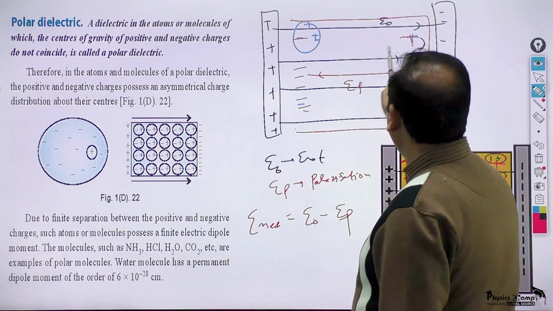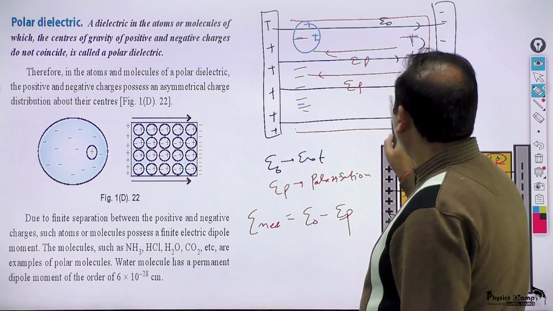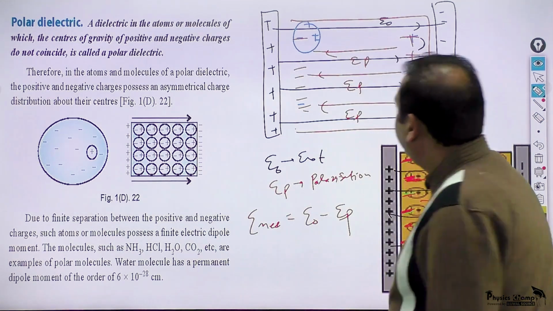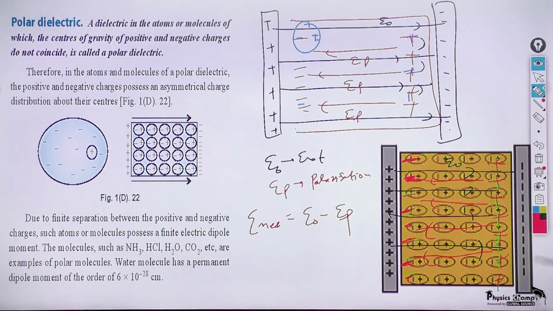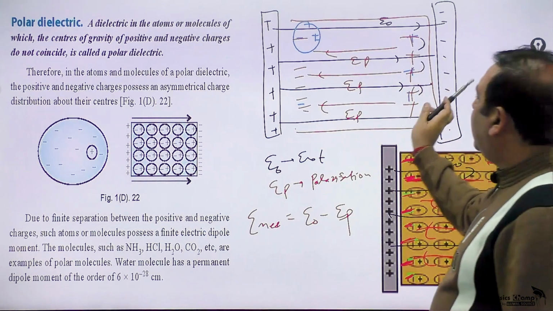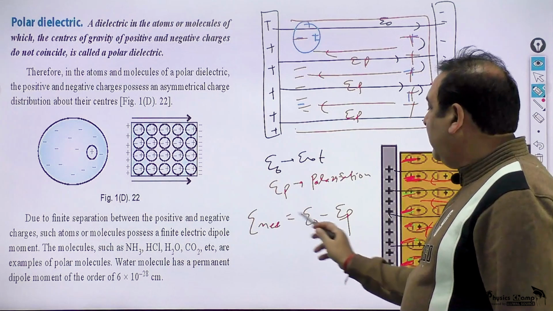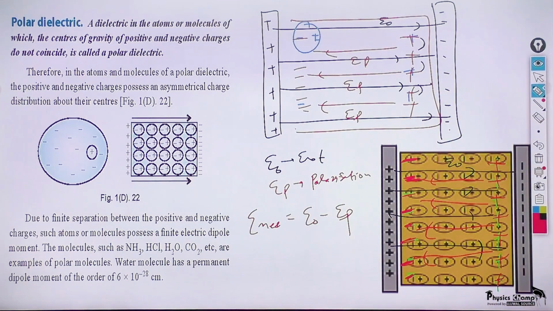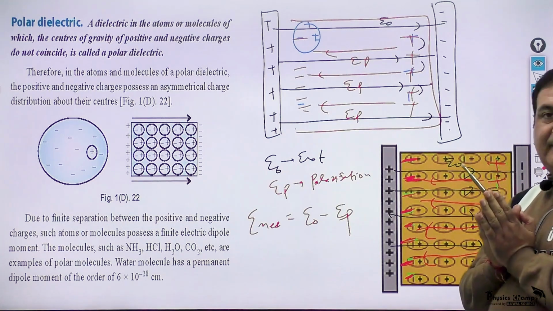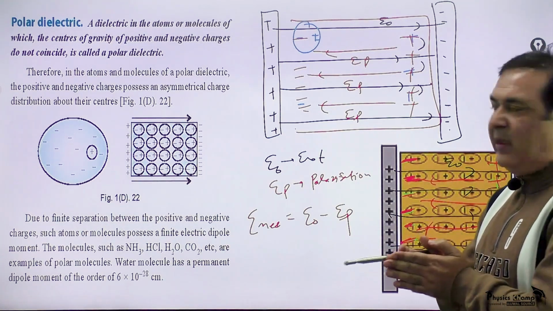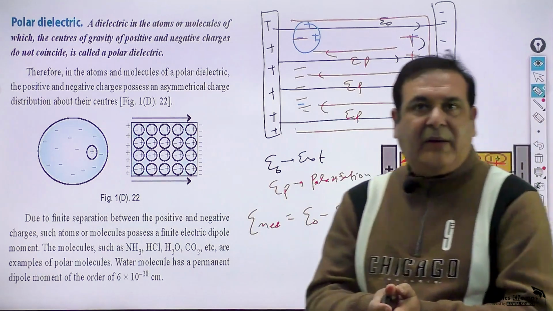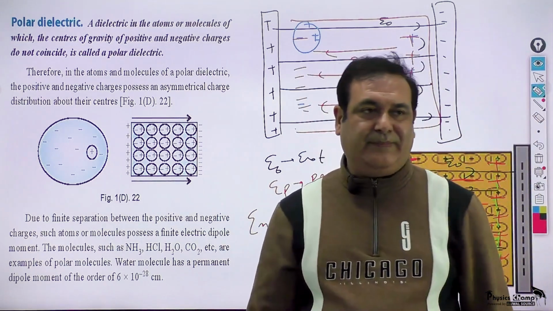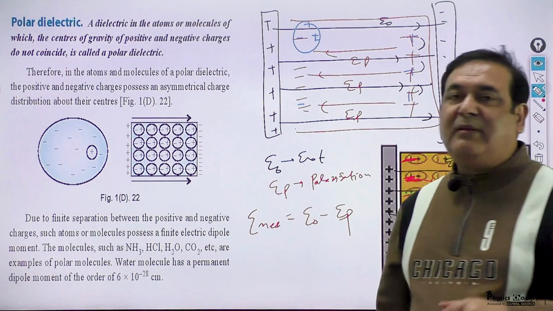It is EP. This is electric field due to polarization. So the two electric fields, the external electric field E naught and EP, they are opposite. That's why the net electric field is E naught minus EP. So this is about the polarization. Yes, in non-polar dielectric, the polarization is weaker, and in polar dielectrics, the polarization is much stronger.